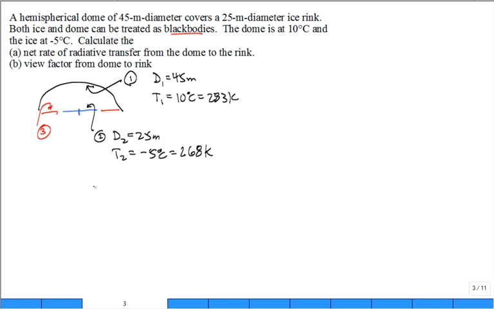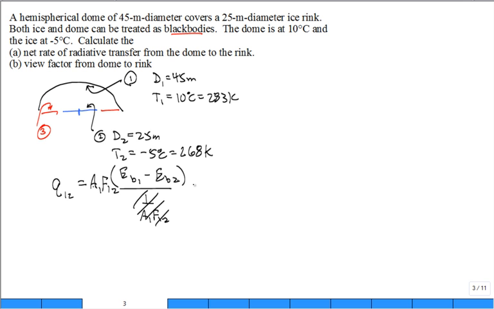So Q1 to 2 is simply EB1 minus EB2, since 1 is the higher temperature and 2 is the lower temperature, divided by 1 over A1 F1 to 2. Or just put the parentheses here and put A1 F1 to 2 there and dispense with the 1 over. So we have to make some area and view factor calculations.